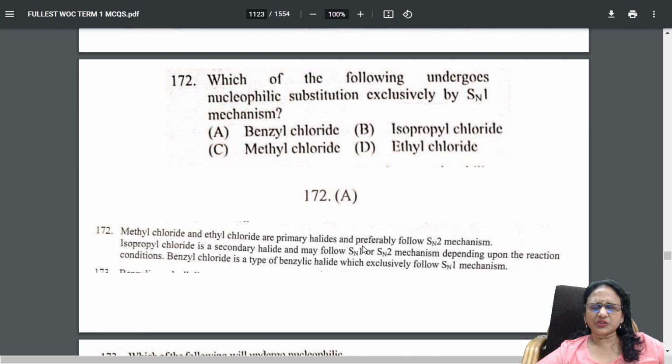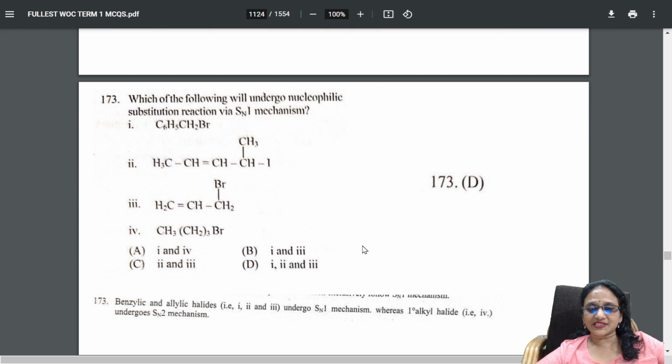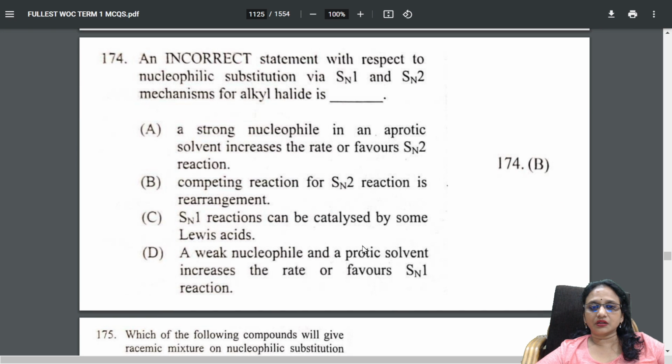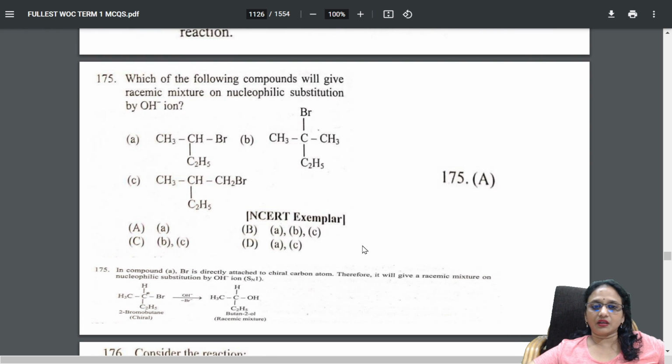Further SN1 questions can be asked in detail like this. These are the questions on the SN1 mechanism. Yes, differences between SN1 and SN2. This is what they ask you.